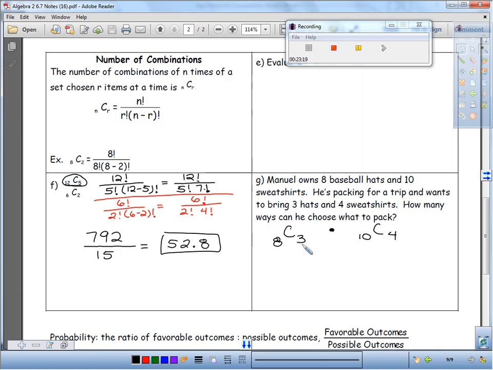So again, if I have this button, I can just enter it as it's written. If I don't have this button, I just have factorials, I need to do 8 factorial divided by 3 factorial, and then subtract 8 minus 3, and get 5 factorial.